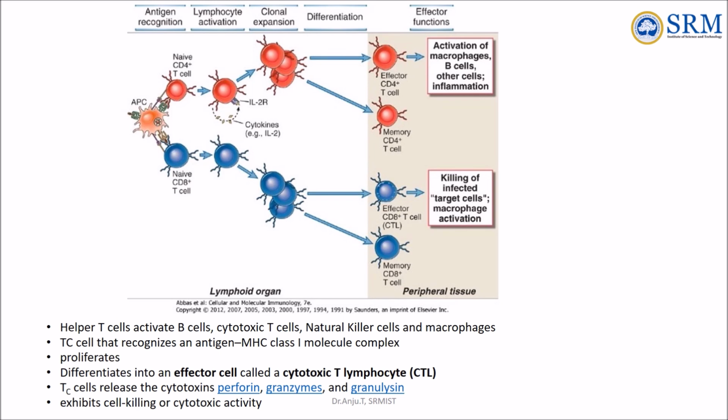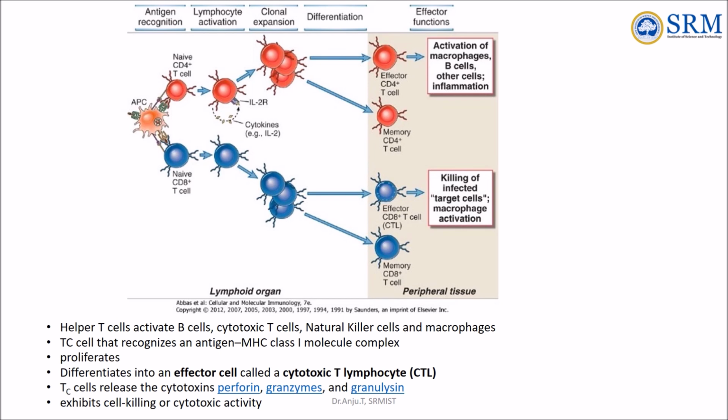These TC cells, once activated, will differentiate into effector cells secreting cytotoxic chemicals, or TC cells can also recognize antigens complexed with MHC class 1 molecules and get activated. Once activated, the TC cells proliferate and differentiate into effector cells which are called cytotoxic T lymphocytes.